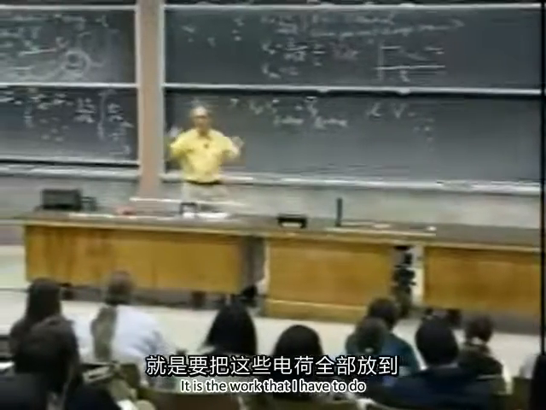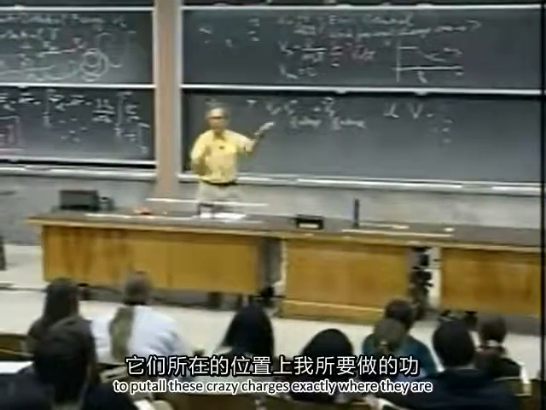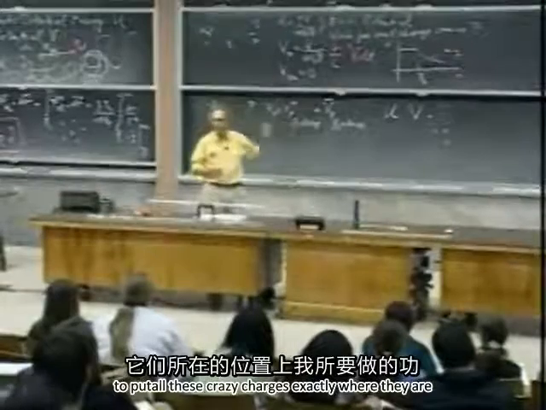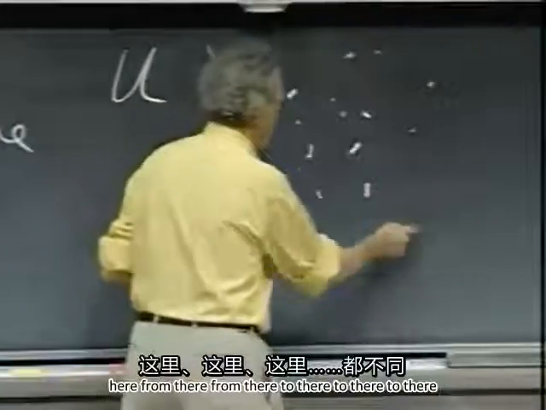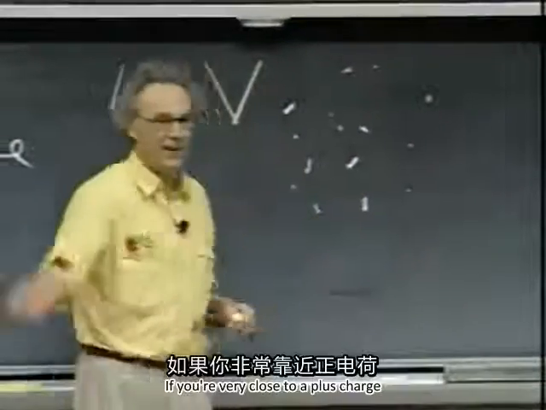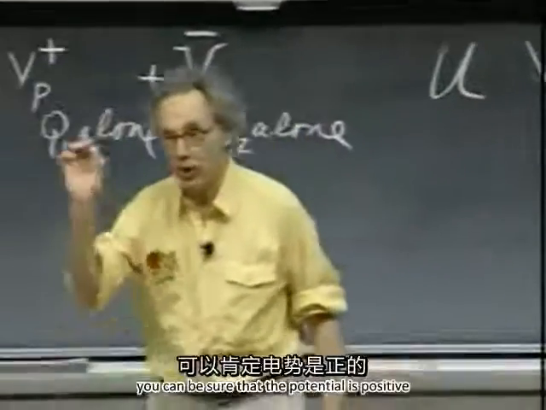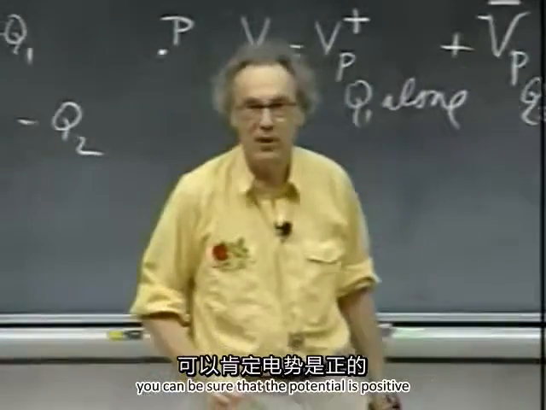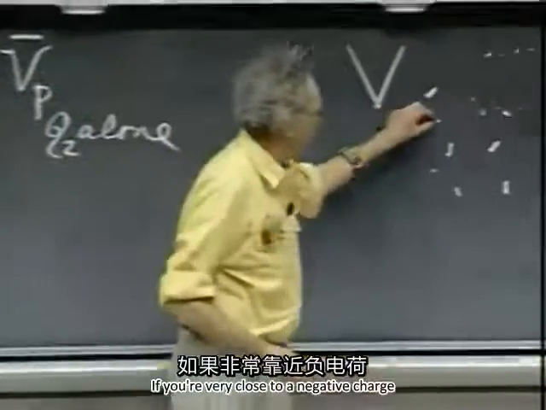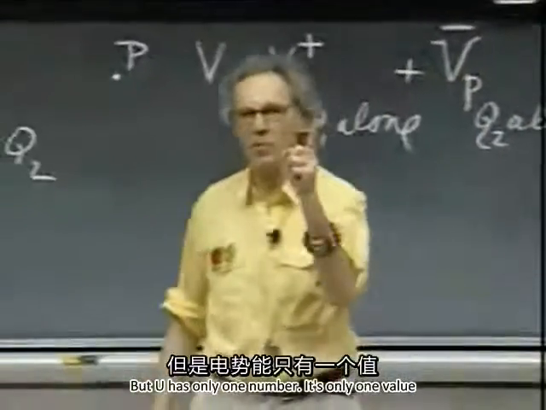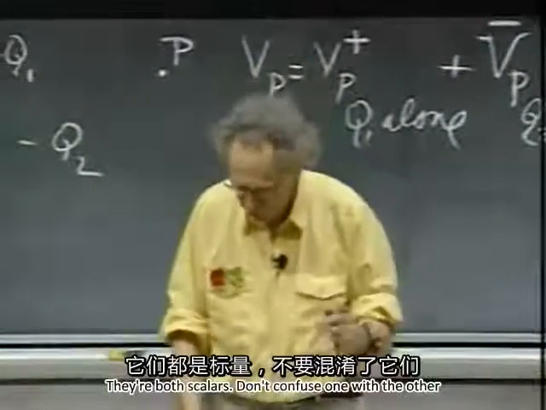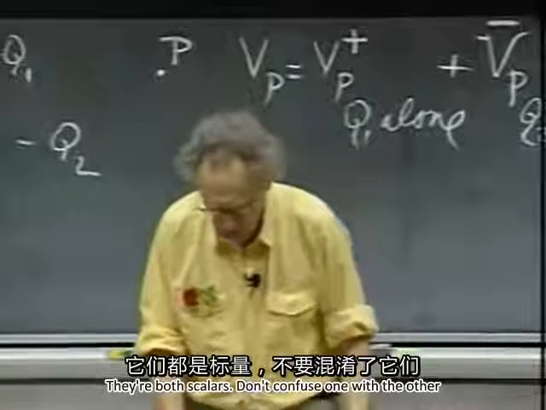It is the work that I have to do to put all these crazy charges exactly where they are. But the electric potential is different here, from there to there. If you're very close to a plus charge, you can be sure that the potential is positive. If you're very close to a negative charge, you can be sure that the potential is negative. But U has only one number. They're both scalars. Don't confuse one with the other.